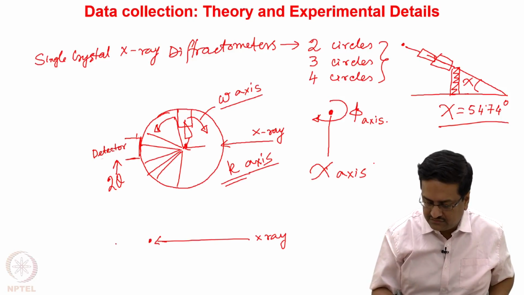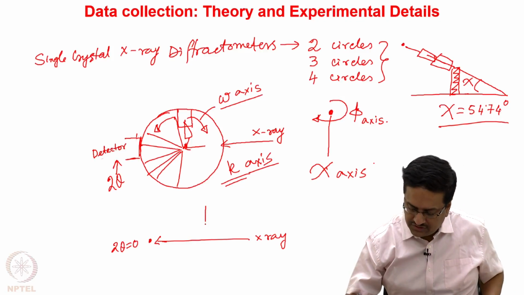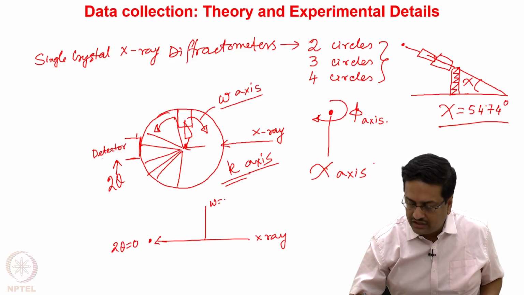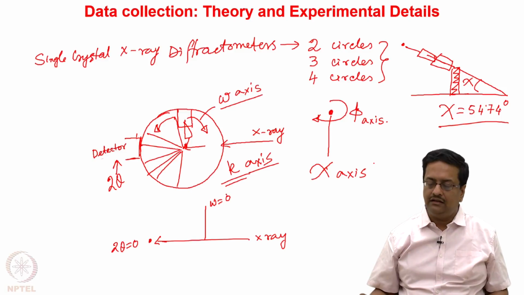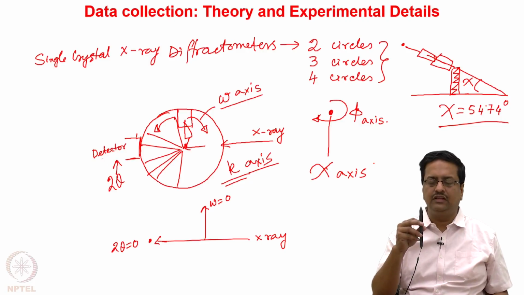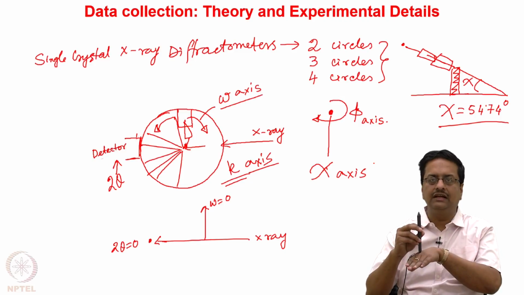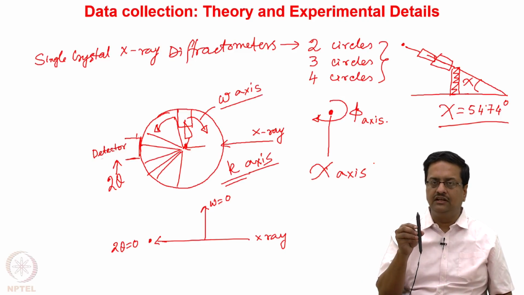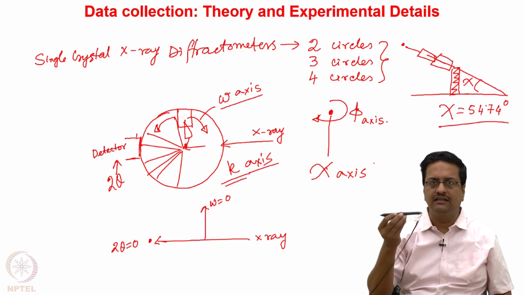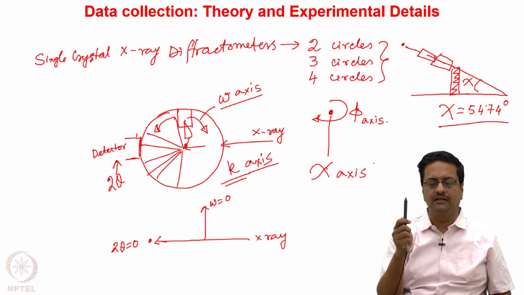this position is 2 theta equal to 0. A perpendicular position with respect to the direct beam is omega equal to 0, and kappa 0 is this one. That is exactly vertical from the goniometer base, and kappa can then be rotated to plus 90, to the other side minus 90, and phi is something which is rotated by 360 degree.